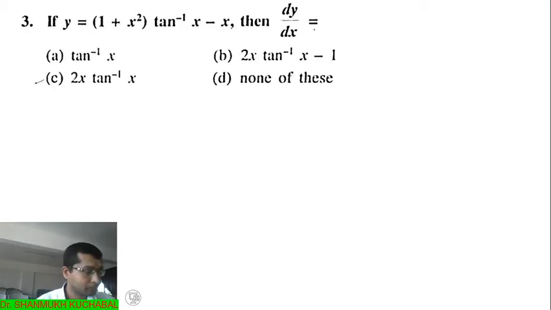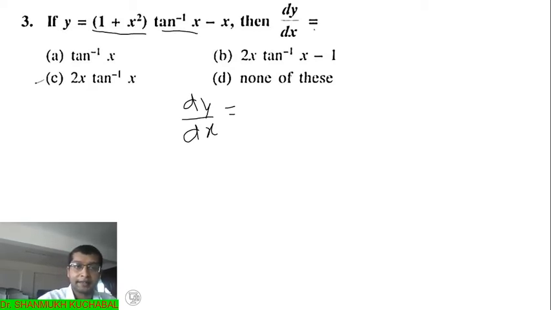Next example, y equal to (1 plus x square) multiplied by tan inverse x minus x. We have to find the differentiation for this, so dy by dx is equal to, here we consider this as u and this as v, so we use the product rule.